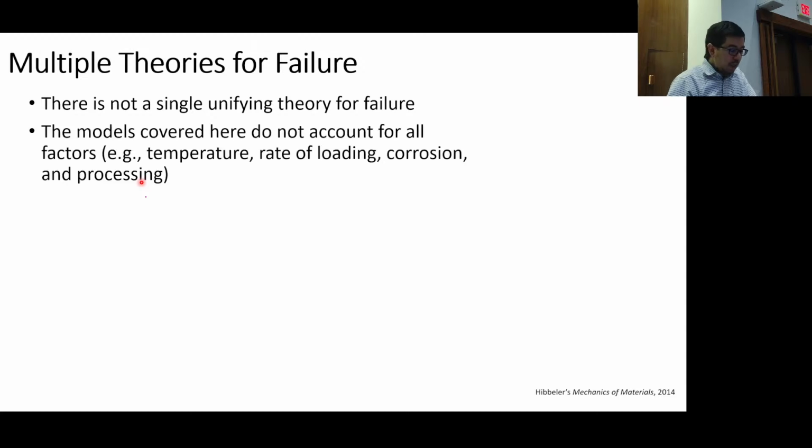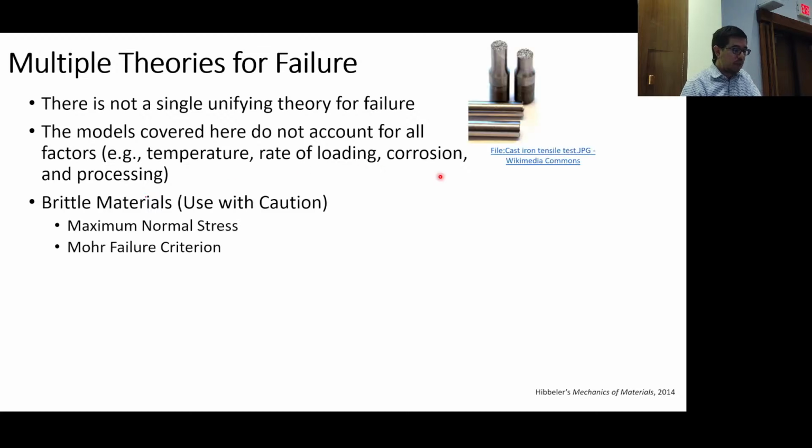So we're not going to account for a bunch of different factors, and the criteria that we discuss, there are two for brittle materials. Today we discuss maximum normal stress. On Tuesday we'll discuss more failure criteria. They should be used with caution. You already have this idea: you see something shatter, it's sudden, it's catastrophic. And if there are different defects or micro cracks in the material, that can lead to very different results.